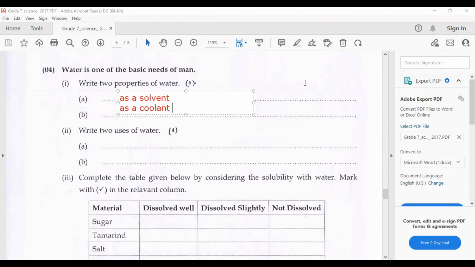Next one. Write 2 uses of water. There are so many uses that we are taking from the water. One is to dissolve medicine. Another one is to remove dirt on clothes.